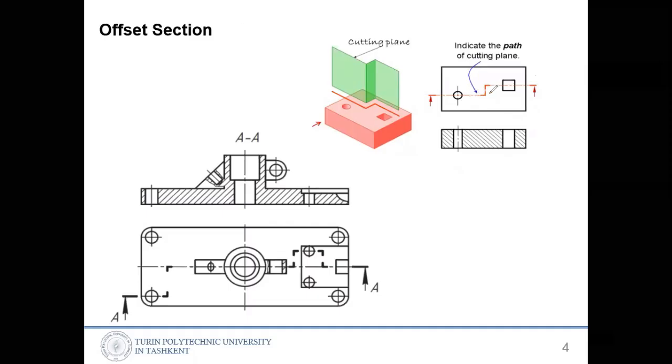Also, the turning of the plane should be shown with a solid continuous line, but thicker than the original continuous line. So it's thicker than this, more thick.